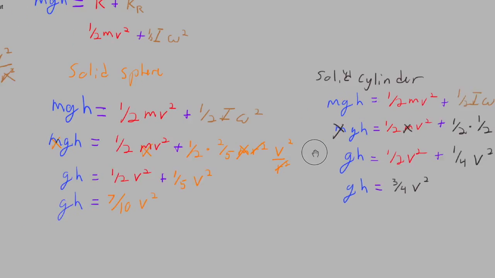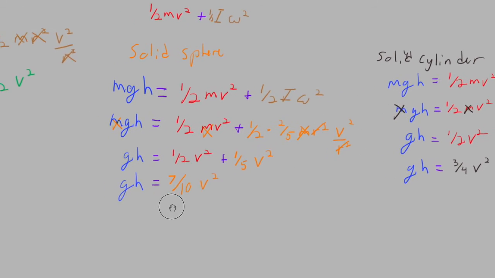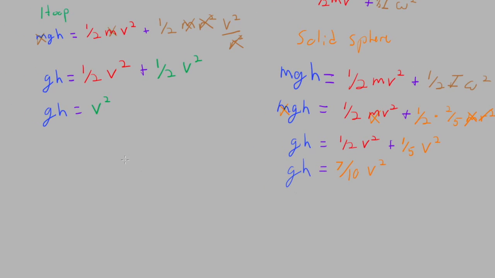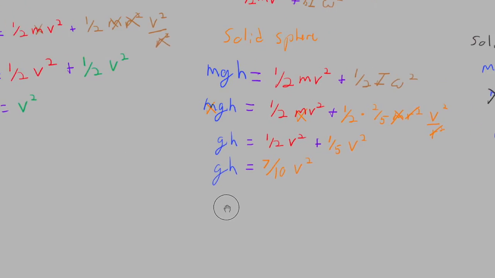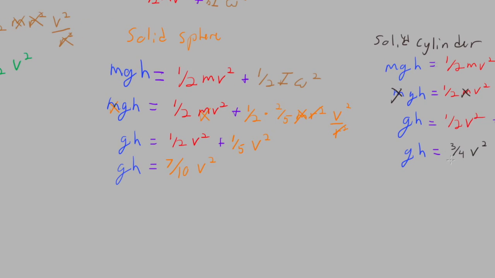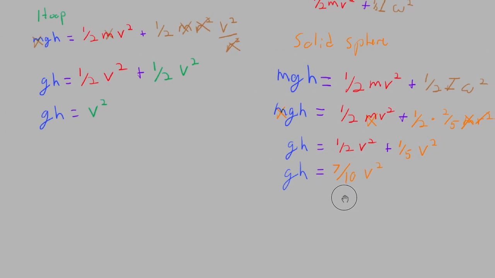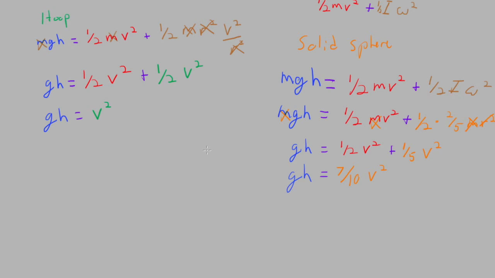So each of these shapes, even though they start at the same height, even though they might have the same mass, even though the masses don't matter at all, we're going to get different final velocities because of that multiplier. So let's go ahead and put numbers in here just to see how different these actually are. g is 9.8. My height was 10, so I get 98.